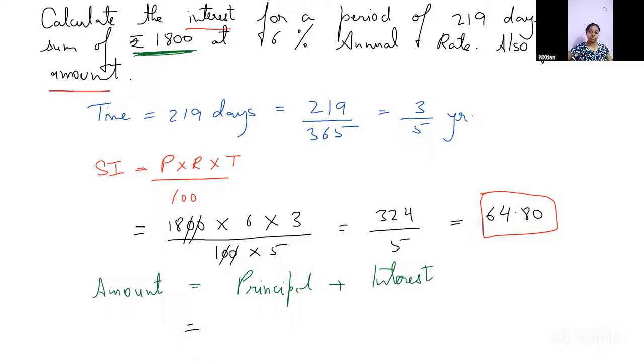Ma'am, I added them up. I got 4,680. You got 4,680. Yes, ma'am. When you said add, I did addition, ma'am.